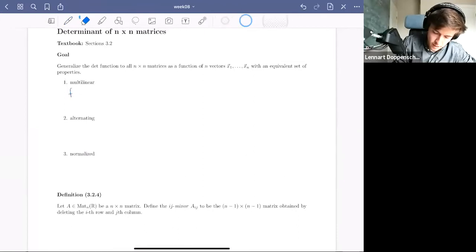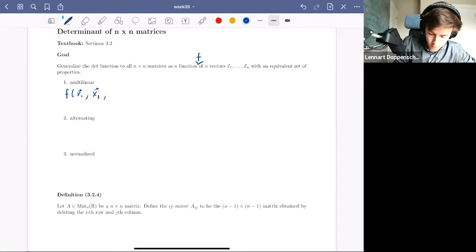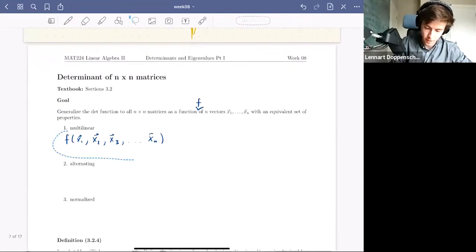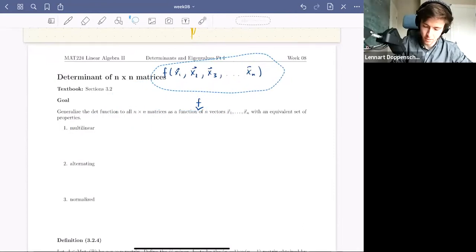So let's just call this f. So f takes inputs, f of x1, x2, x3, and so on. And we can actually write this f just in terms of giving it a matrix, and then we just think of the x as the columns.